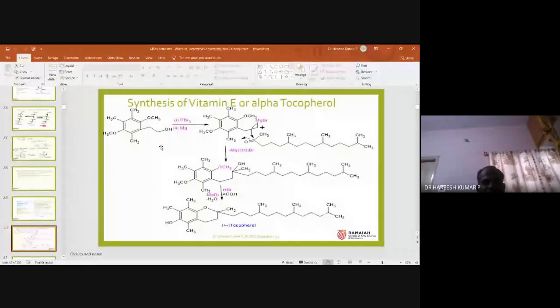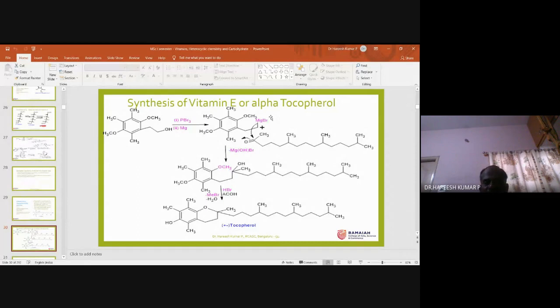When the aryl alkyl halide is treated with Grignard magnesium, the obtained one is a Grignard reagent. It's an organometallic compound, CH2MgBr.